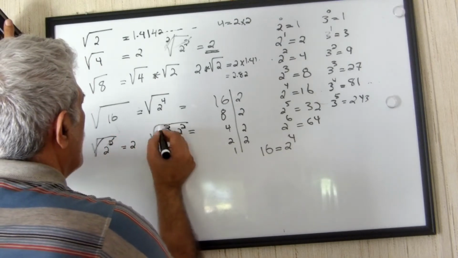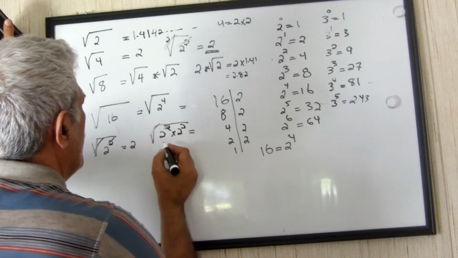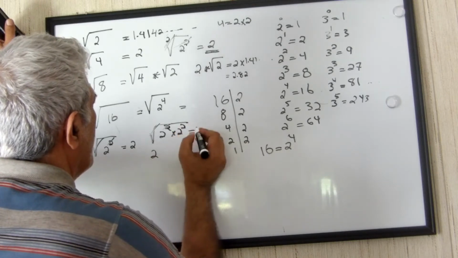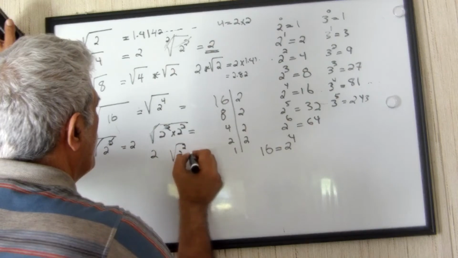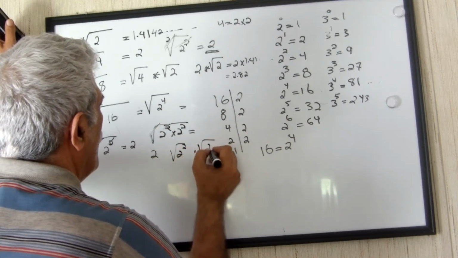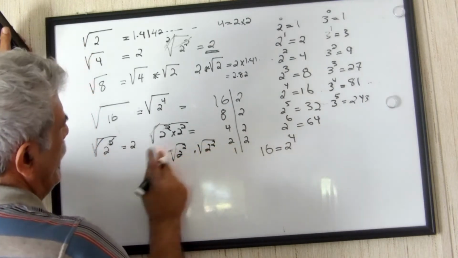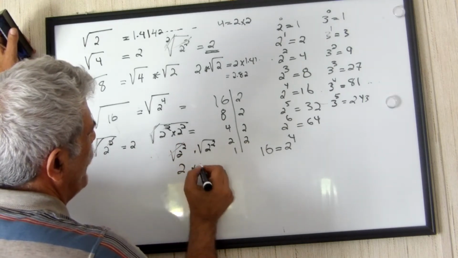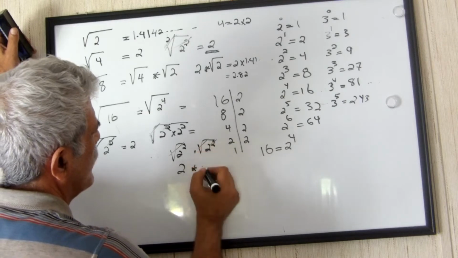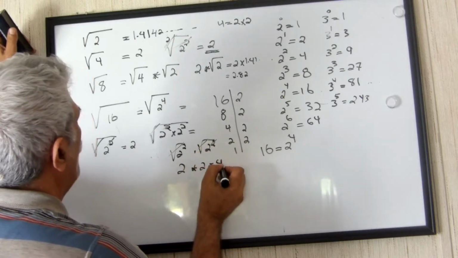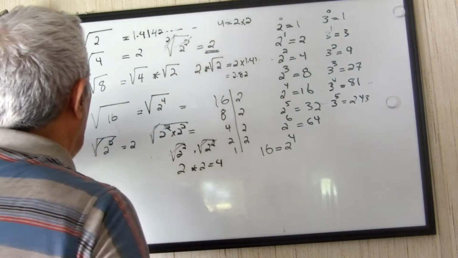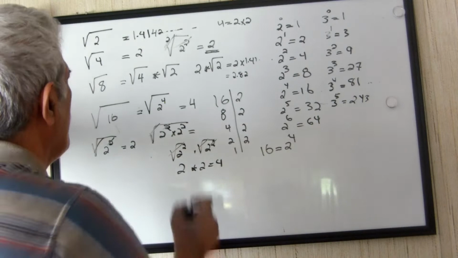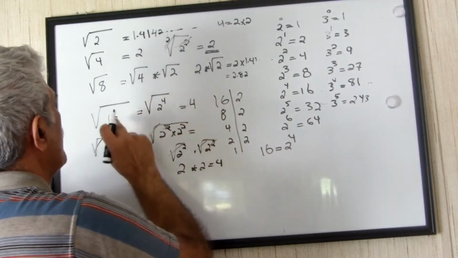This one cancels out with this, and it is going to come out of the radical as 2. And this one again, 2 to the power of 2, is going to cancel out, it's going to be 2, and then multiplied by 2. So it's going to be 4. 4 is the square root of 16, which means if you raise it to the power of 2, you are going to get 16.